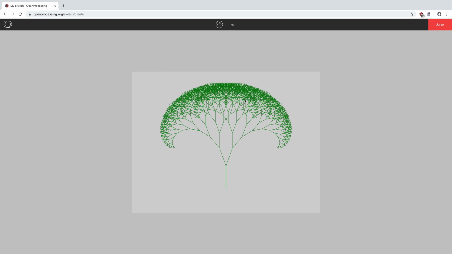Given our approach, which was to think of a tree as a line with two smaller trees, and then each of those is a line with two smaller trees, and so on and so on. That's a recursive definition. So the code just reflected that, and it's quite concise, and we've got something as detailed as this.